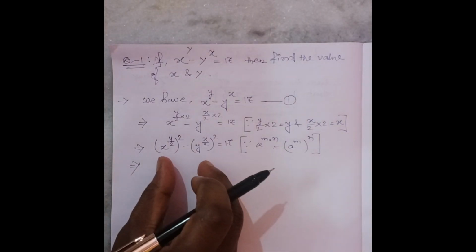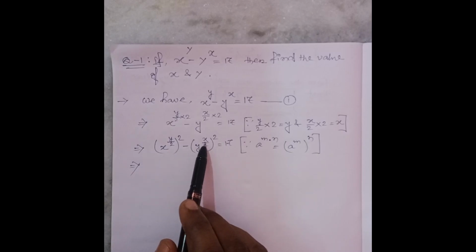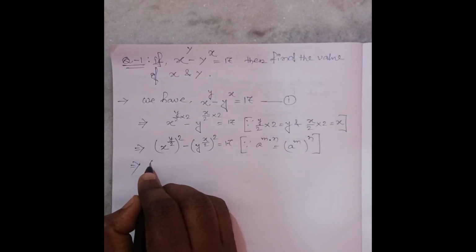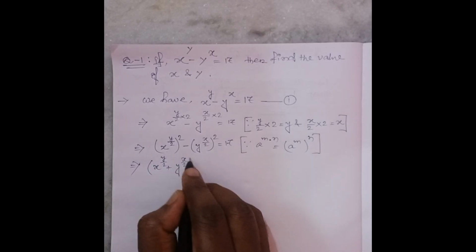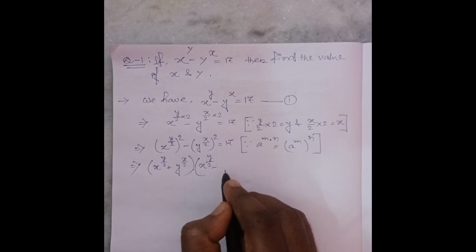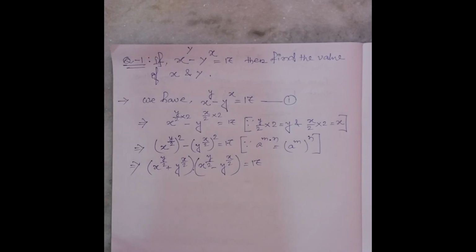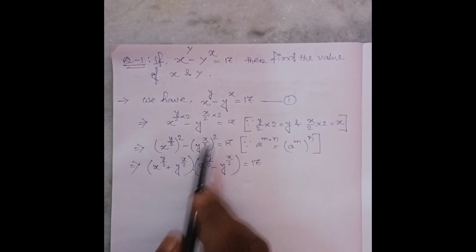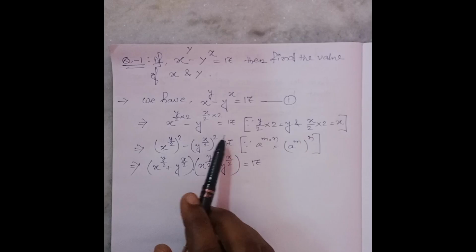Now look at the left hand side expression. This left hand side becomes a square minus b square if we consider this term as a and this term as b. So a square minus b square can simply be written as a plus b into a minus b, is equal to 17.